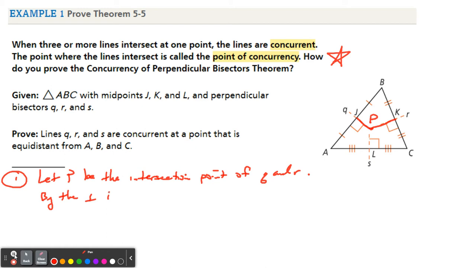By the perpendicular bisector theorem, and again, this is from the last lesson, we know that P to A equals P to B.